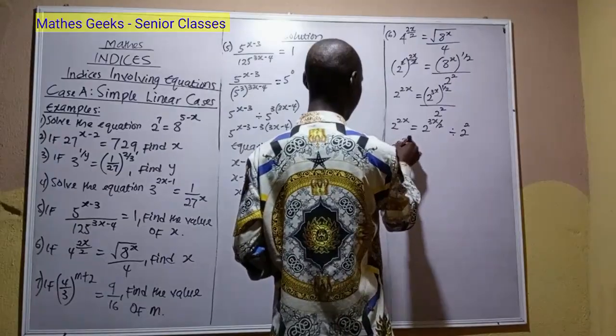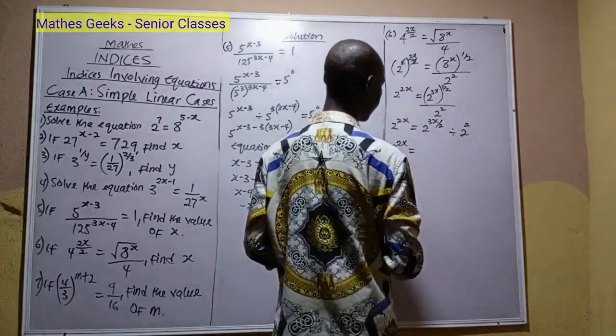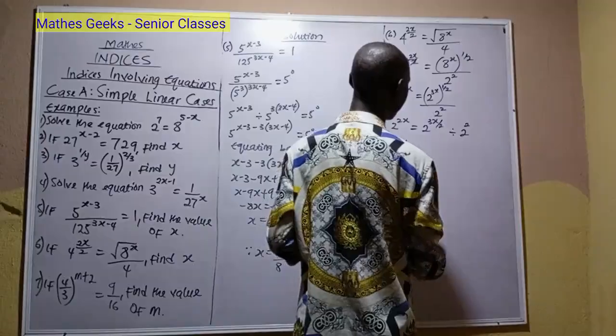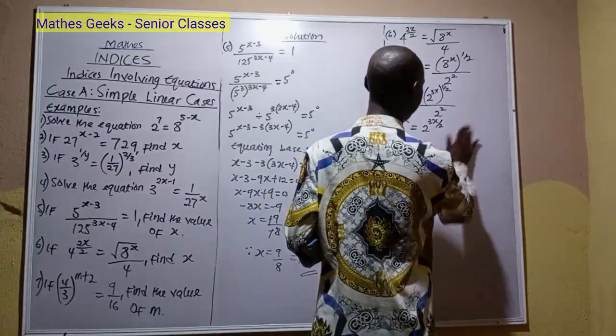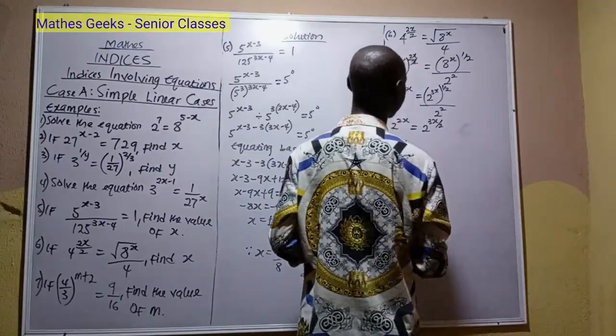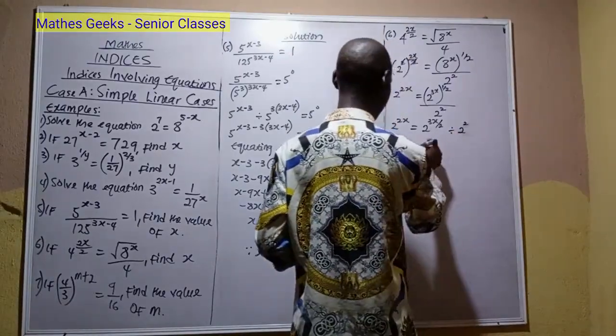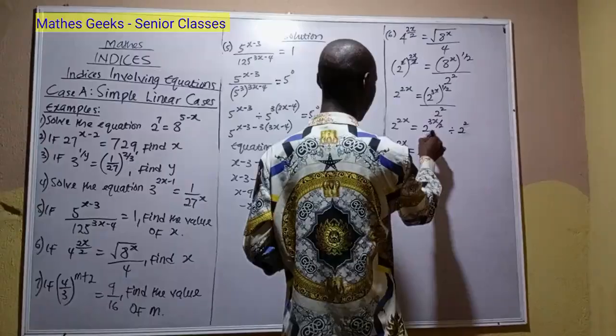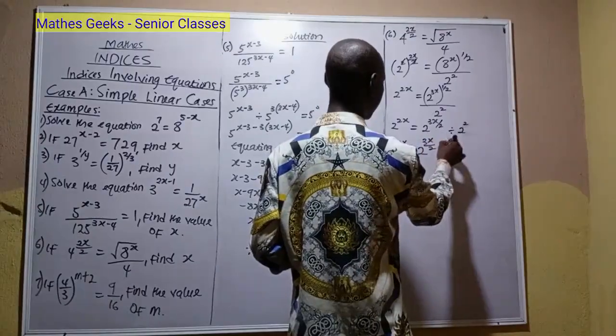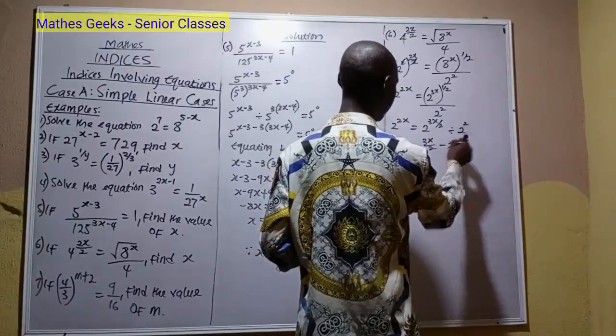So 2 raised to 2x equal to 2 raised to power 2. 2 raised to 2x equals 2 raised to 3x over 2 minus 2.